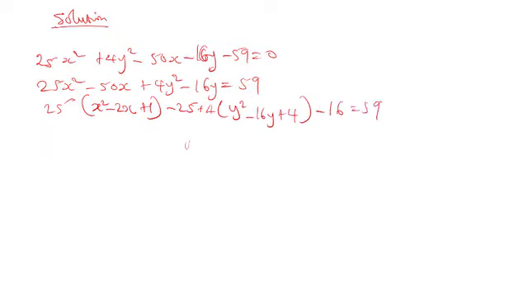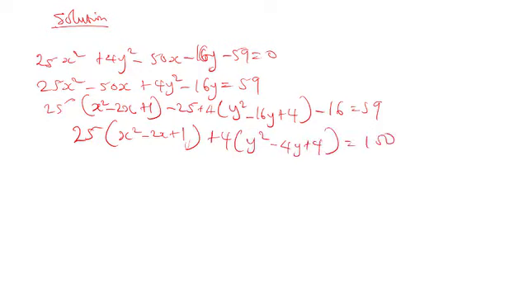Let's perform our cancellation. We have 25 in bracket x squared minus 2x plus 1, plus 4 in bracket y squared minus 4y plus 4, equals 100, since 59 plus 16 minus 25 plus 4 minus 4 gives 100.